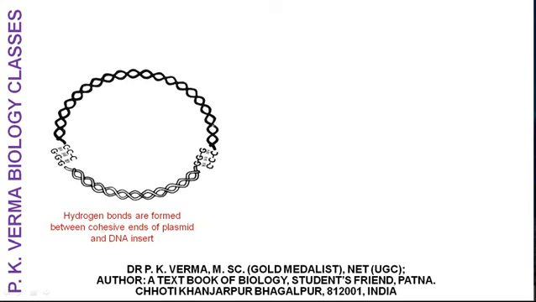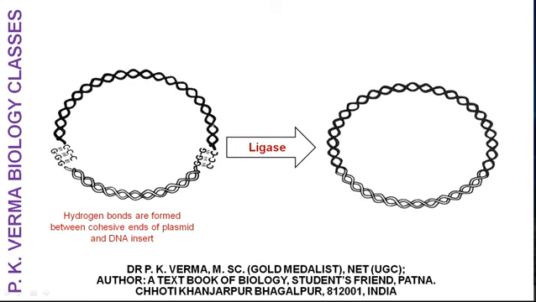You can see the G forms hydrogen bonds with C at both the terminals, and with the help of the enzyme DNA ligase, the two broken terminals become attached and a larger DNA containing this alien part of DNA is formed. Now it serves as a vector. In this way, the vector is formed.